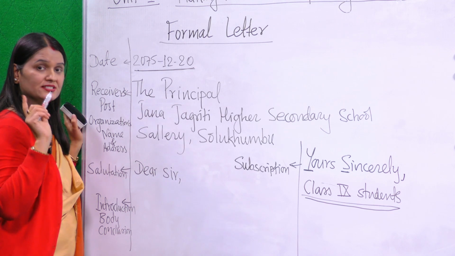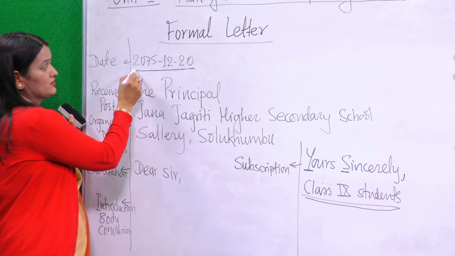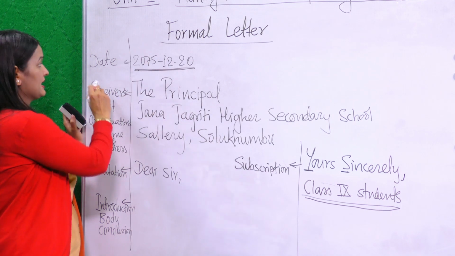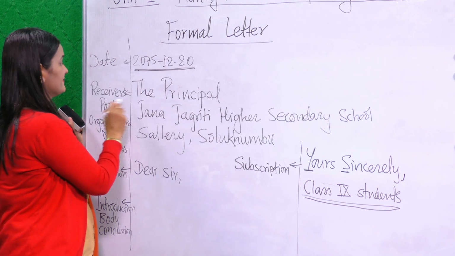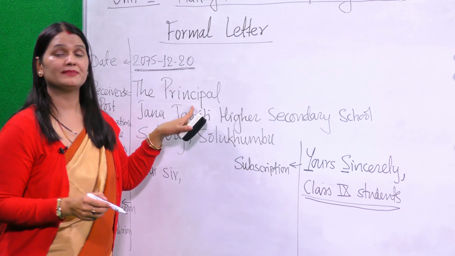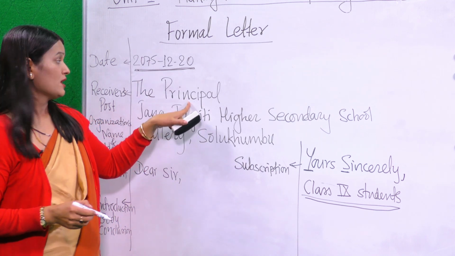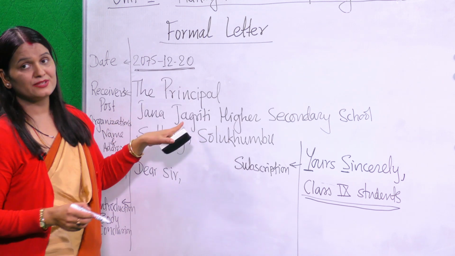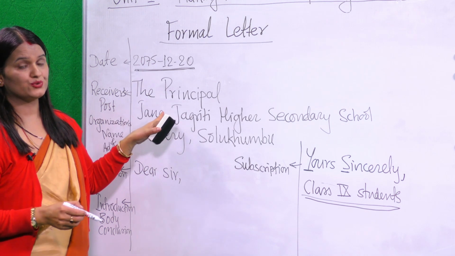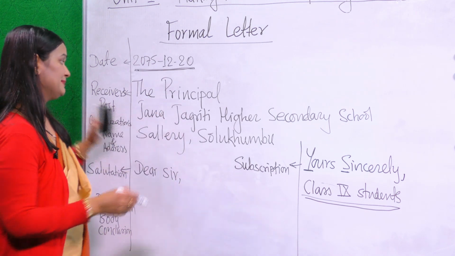If only one person had written, they would have to write the address and date at that time. So you write the date, and after that the receiver's post. Sometimes we may not write to the principal, we may write to the class teacher, right? Or we may also write to the vice principal. At that time you have to write the post of the same person to whom you are writing this application.